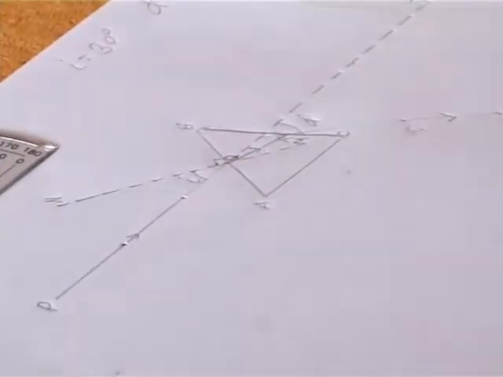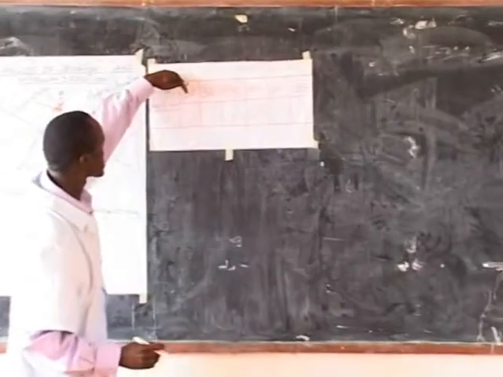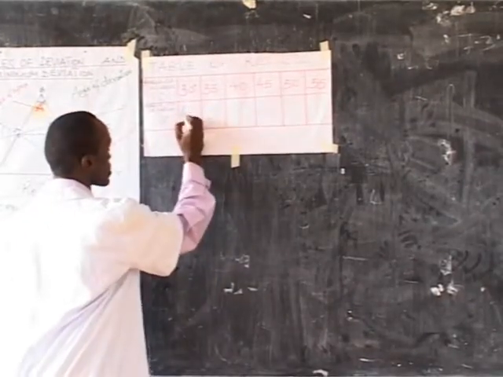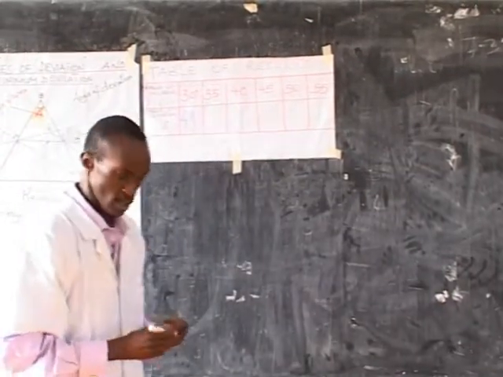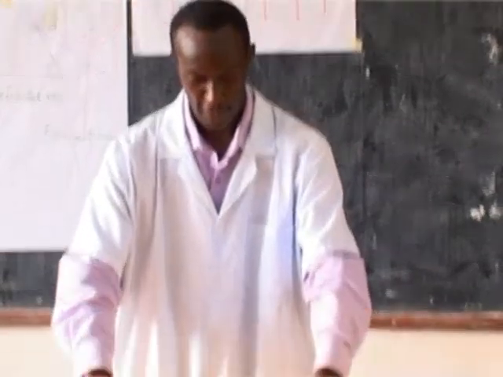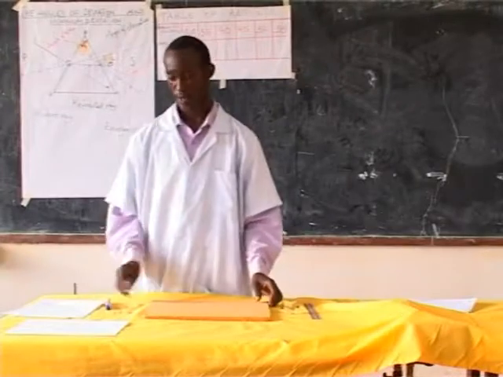After that, record the observations in the table. The angle of incidence was 30, the angle of deviation was 49. Now you can remove the first white sheet of paper used.